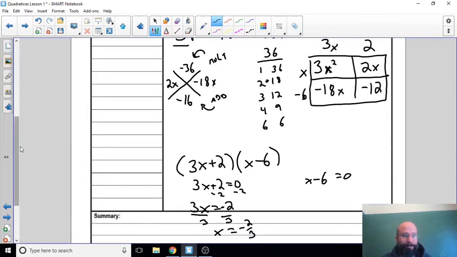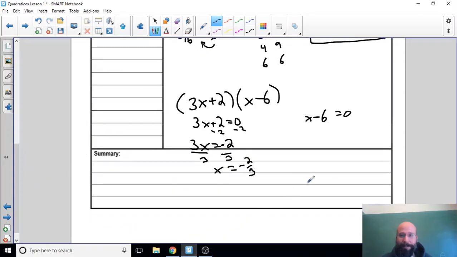And then this one, x minus 6 equals 0. I just have to add the 6 to both sides, and x equals 6. So the answers I got were x equals negative 2/3 and x equals 6.